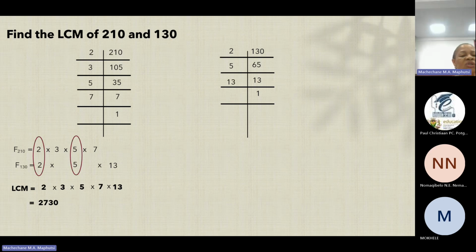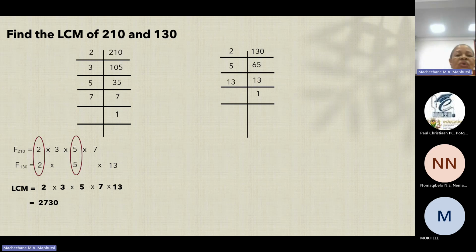So in our case, what do we have? We have 2 times 3 times 5 times 7 times 13, meaning that we did not leave any number behind, as in the case of highest common factor. So from there, you multiply all those numbers, and the answer is there.